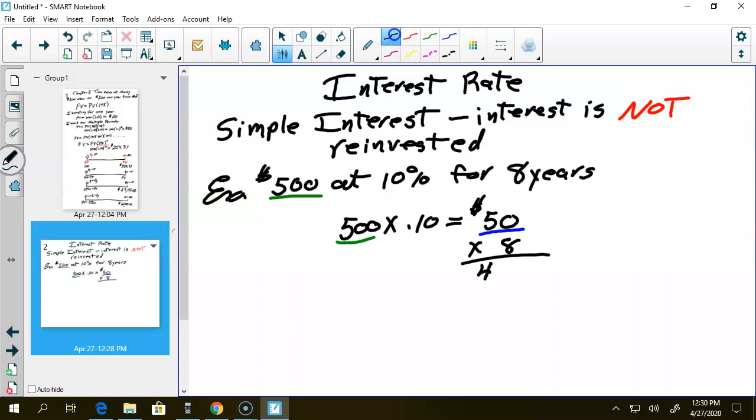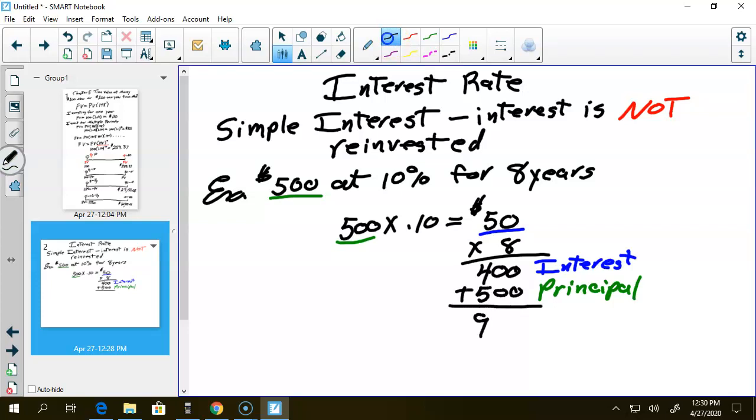Obviously, that is 400. And at the end of the 8 years, you've had 400 in interest that went into one of your accounts. You have your principal amount, and we know that was 500. So at the end of the 8 years, you have 900 total.